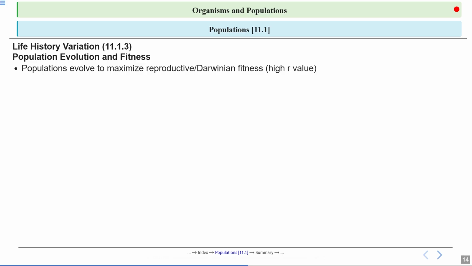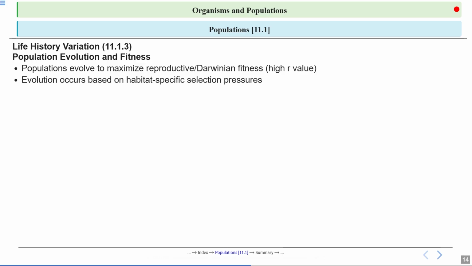Darwinian fitness means the organism is able to leave more offspring, to produce more offspring. Clear? Now you can notice how this is a key driver in the evolution of a species, as it directly impacts their ability to survive and thrive.